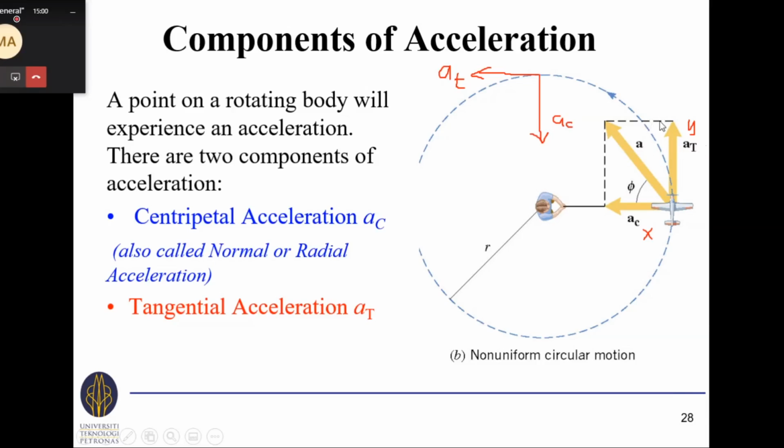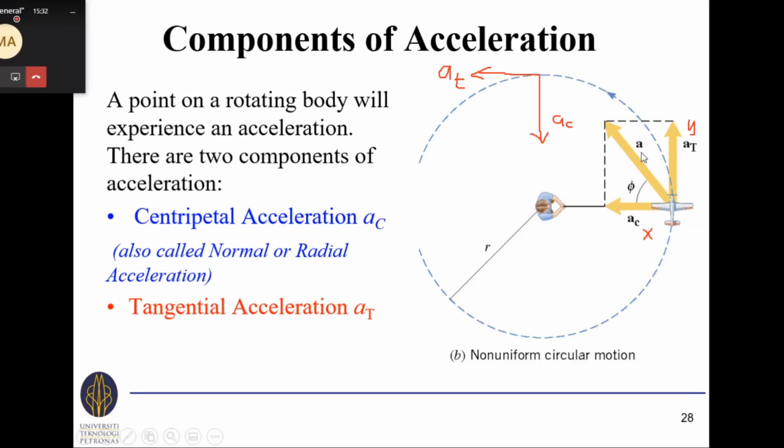So this tangential acceleration, by the name itself, is always tangent to the circular path. So when it is tangent to the circular path, it is more or less like this, occupying the y-axis, and a_c somehow occupying the x-axis. So when you have one occupying x, one occupying y like this, that means the acceleration is not on the x-axis or the y-axis.